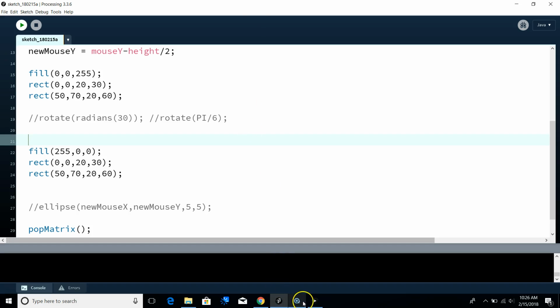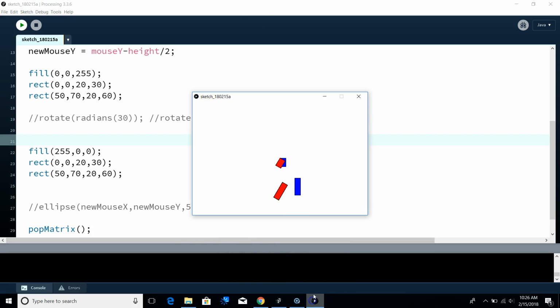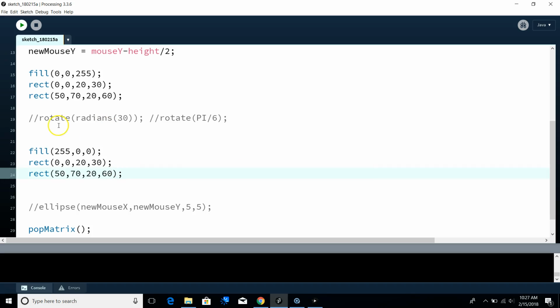Okay, so let me go back to my picture, and this is a little weird because I'm doing this on the computer. But if I rotate by 90 degrees, what do I expect to have happen? Which way is the X coordinate going to go? X is going to go down, Y is going to go to the left. That's dumb. So if I rotate by 180 degrees, let me try that.